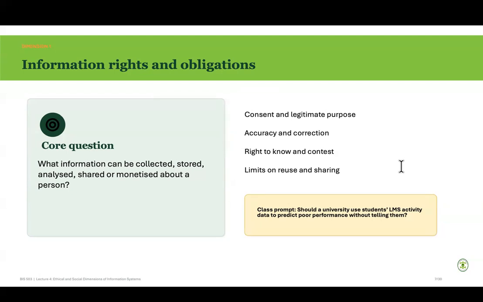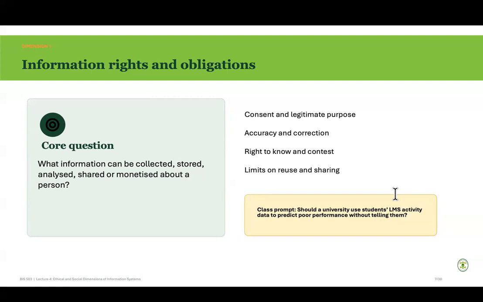There is the need for meaningful consent. And meaningful consent requires that people understand what is being collected about them, why it is being collected, and how it will affect them. Information should be accurate, and people should have a way to correct their records later on and challenge decisions made from those records.